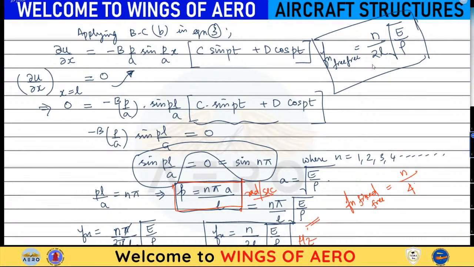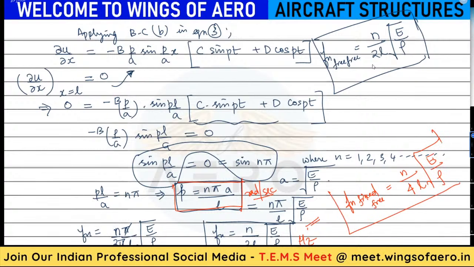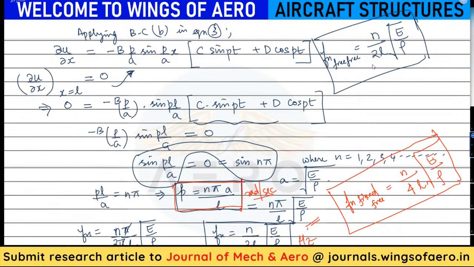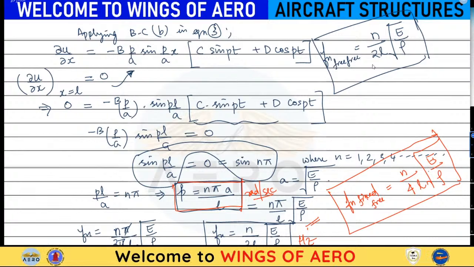So n by 4L root over E by rho. This will be the formula. Just try to derive it, and you will get that this is the formula when the condition is one end fixed and the other end free: n by 4L root over E by rho.